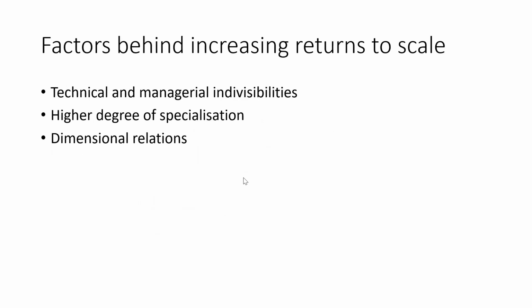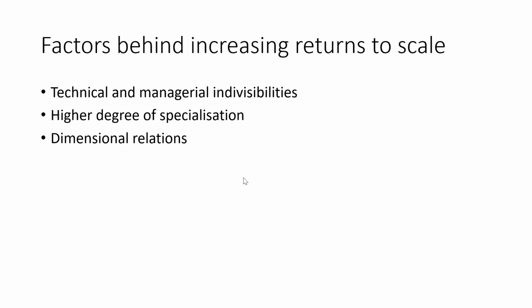There are factors behind the increasing returns to scale, which are the technical and managerial indivisibilities, the higher degree of specialization, and the dimensional relations. The technical and managerial indivisibilities: certain inputs, particularly the mechanical equipment and managers that are used in the process of production, are available only in a given size.